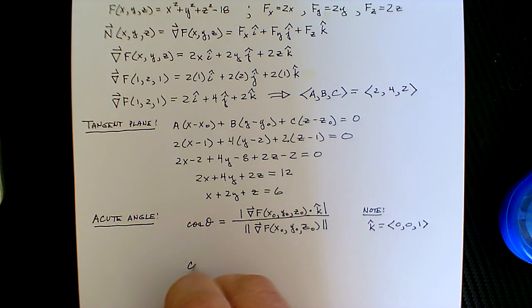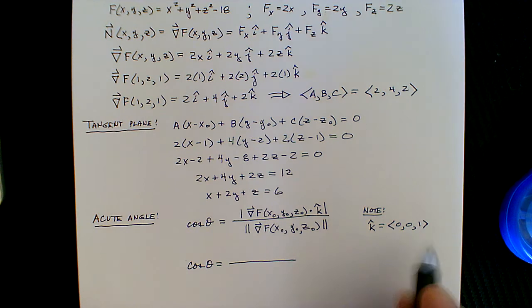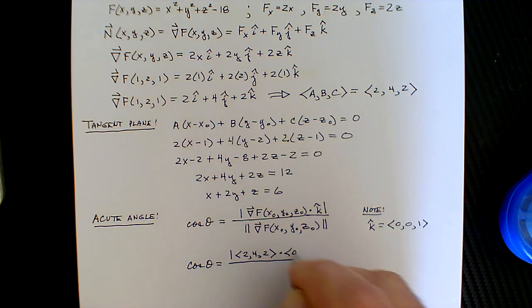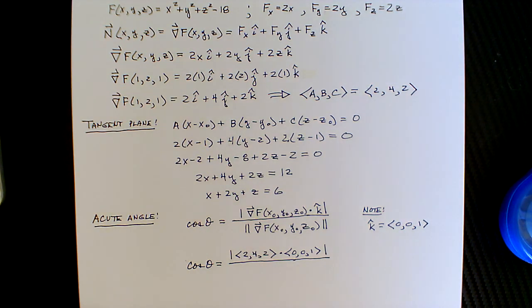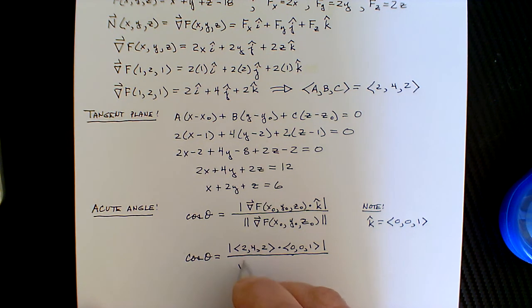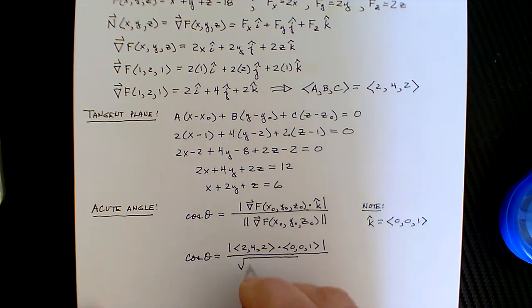So therefore the cosine of our angle is, that's why it's convenient to put it in the vector notation here, the absolute value of 2, 4, 2 dotted with 0, 0, 1, all divided by the magnitude of the gradient, which is the square root of the sum of the squares.